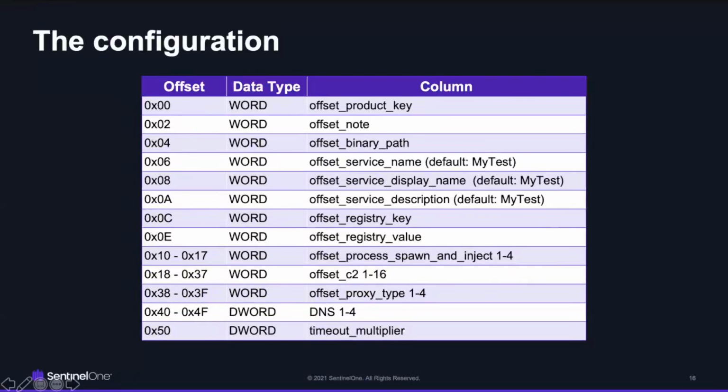So this could be a useful indicator to check for SHADOWPAD infections in some cases. When you see a service named myTest, or a run key with a name like myTest, probably it's one of the SHADOWPAD infections on your host. Then there are the spawn process to do code injection, the CNC servers, proxy types, and DNS.